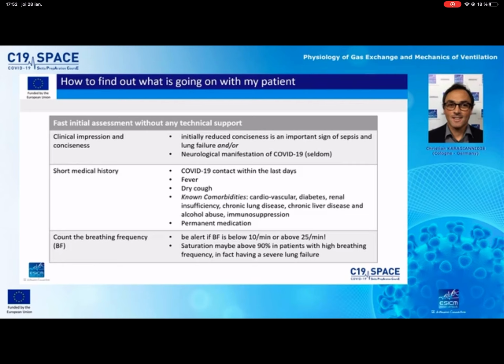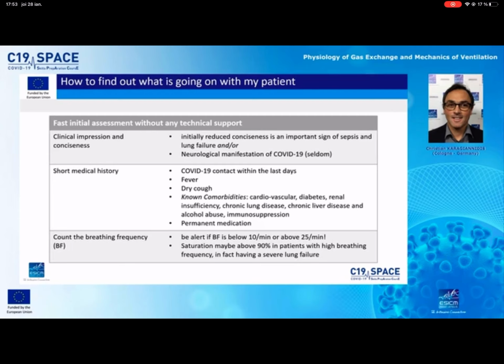The most important point to my mind, without having any technical support, is to count the breathing frequency of the patient. And please be alert if the breathing frequency is very low, let's say below 10 or 15 per minute, or if the breathing frequency is above 25 and in more severe forms above 30 per minute, which is very typical for these COVID-19 patients presenting in the emergency department.